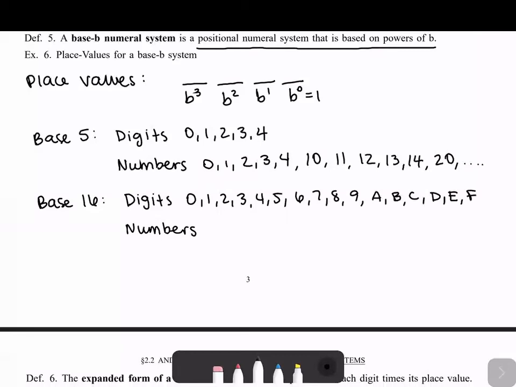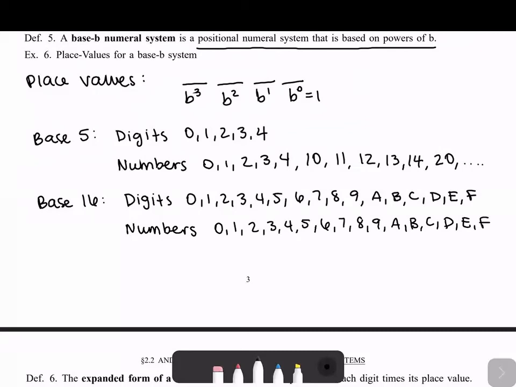So just like before, we can have all of the numbers that only have value in the ones place. So that's 0, 1, 2, 3, 4, 5, 6, 7, 8, 9, A, B, C, D, E, and F, right? All of the things that just have value in the ones place.